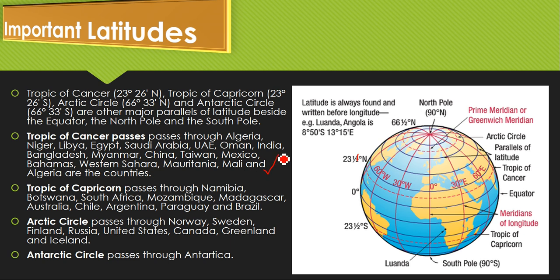In India, the Tropic of Cancer almost divides India into two equal halves, namely the northern part of India and the southern part of India. Now, Tropic of Cancer is in the northern hemisphere.